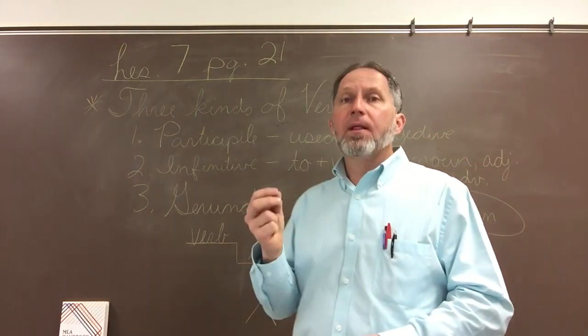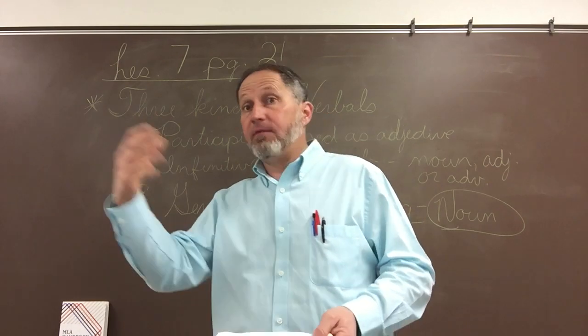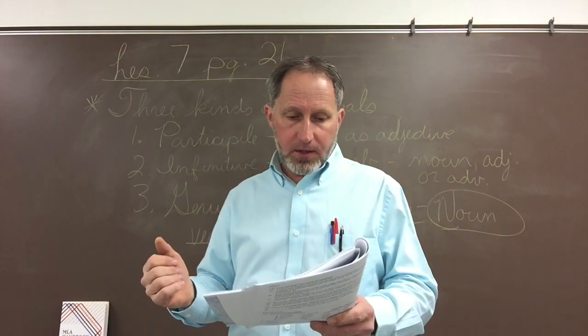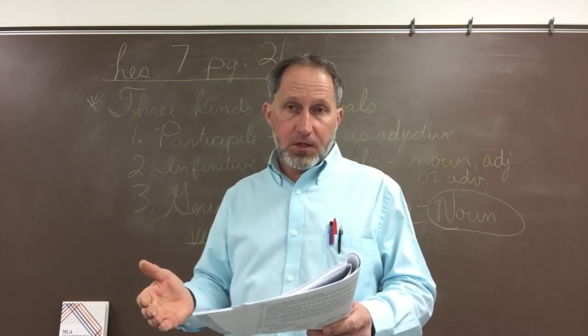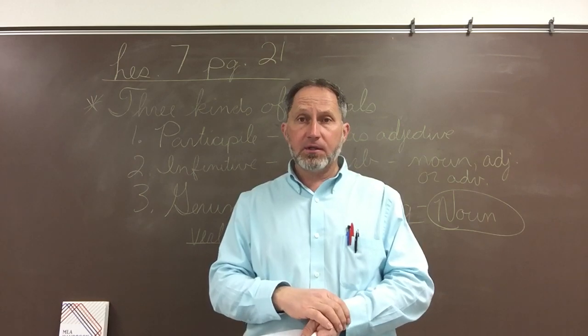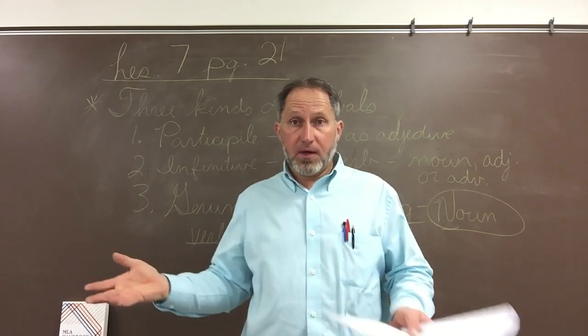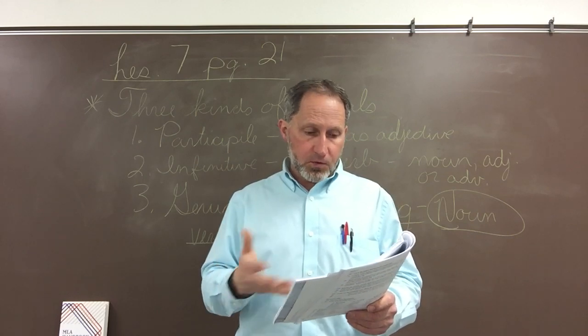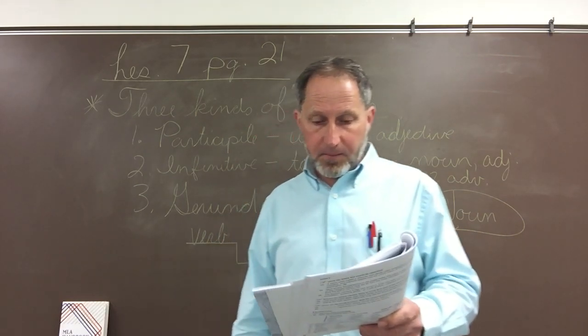So you can have the gerund, can have a direct object, and could have modifiers, such as an adverb, beneath it. You can have compound gerunds in a sentence, just like you can have compound subjects, or compound predicates, or compound modifiers. You can have compound gerunds. So you have a few sentences with that idea.